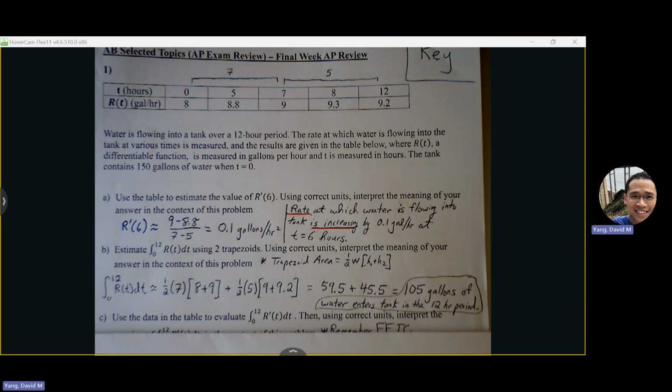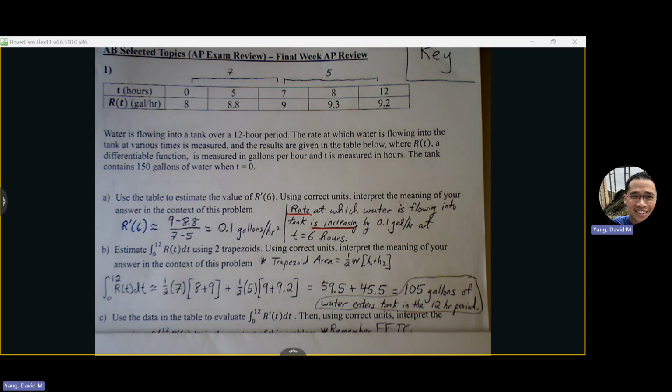Another issue I see is we subtract the t to get the width, right? 7 minus 0 is 7, 12 minus 7 is 5, but we don't subtract the heights, we add them. Students want to subtract the heights, but the formula says h1 plus h2.